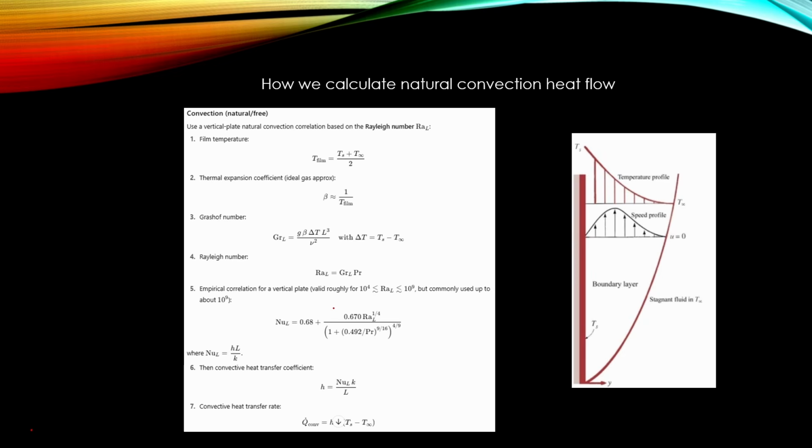And finally, using this Rayleigh number, we can calculate this Nusselt number, and the Nusselt number is giving us this heat transfer coefficient. The k here is the thermal conductivity of air, and L is the height of our plate.